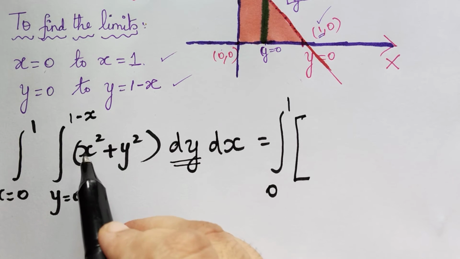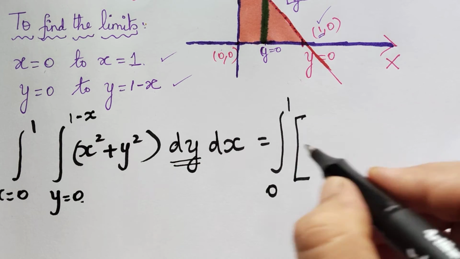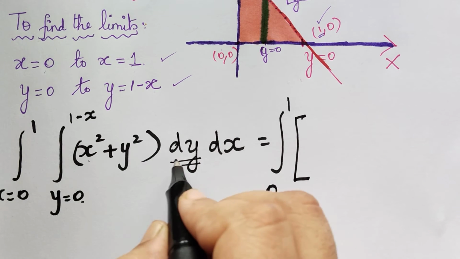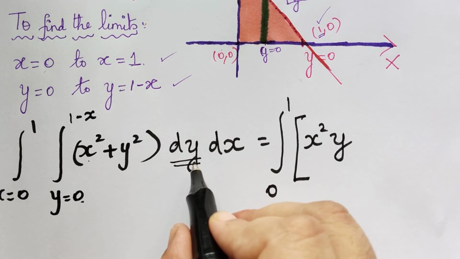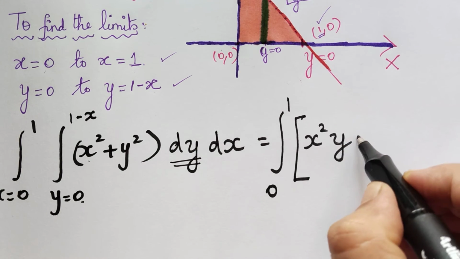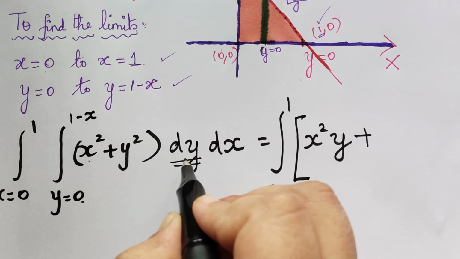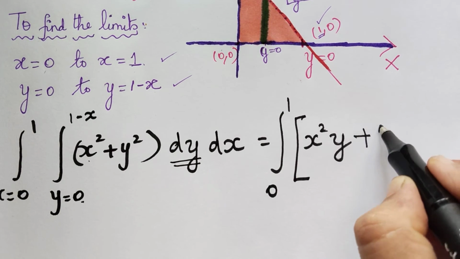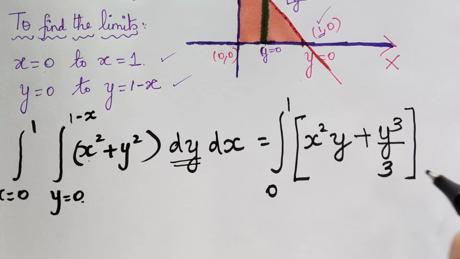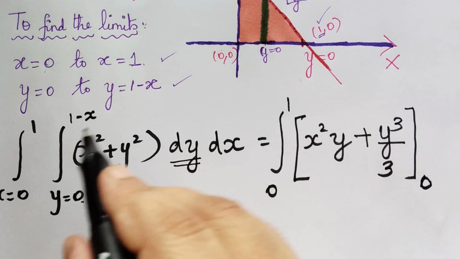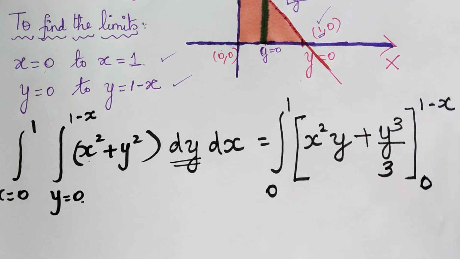What will we get? x square will be treated as a constant. So the integration of x square dy will be x square y, since the integration of dy is y, plus the integration of y square dy, which will be y cube by 3. And this is between the limits 0 to 1 minus x, and we write this dx over here.